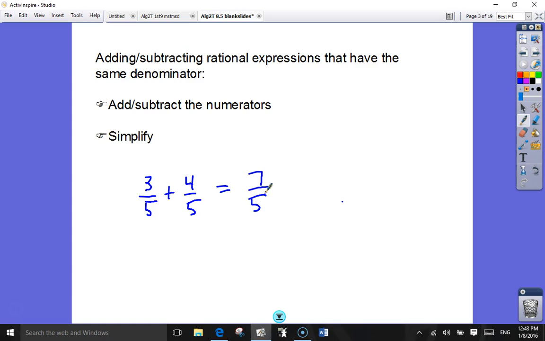So these are the directions. Just add and subtract the numerators, and if there's some simplifying to do, then simplify. And by simplify, what do we mean? I mean, if there's common factors in the numerator and denominator, cancel them, right?